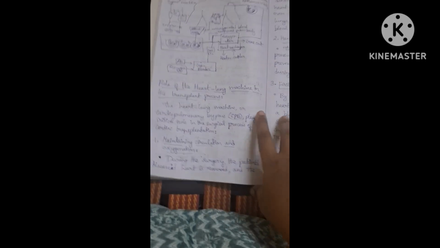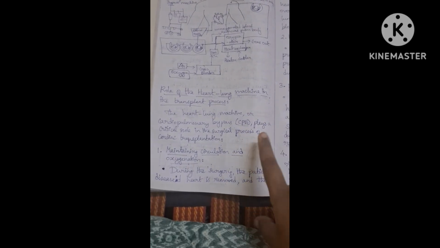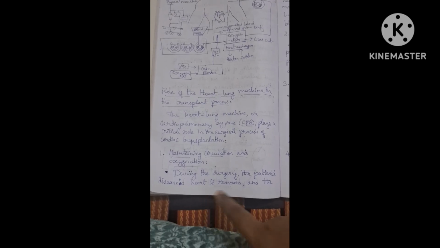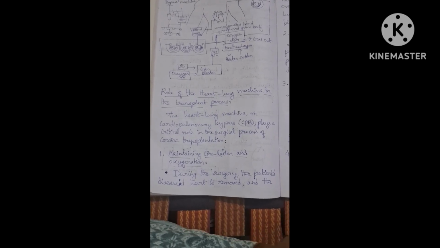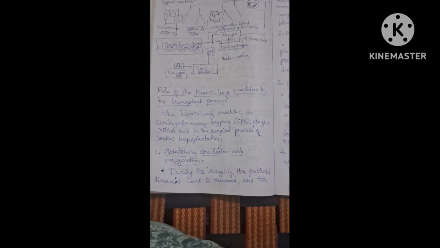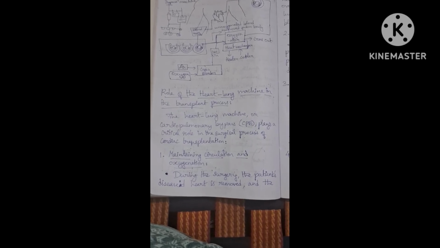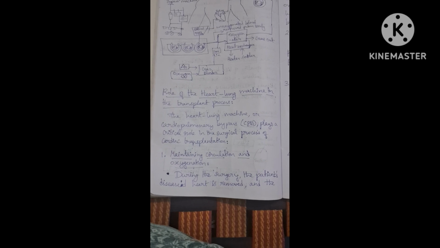Okay. Role of the heart-lung machine in the transplant process. The heart-lung machine or cardiopulmonary bypass plays a critical role in the surgical process of cardiac transplantation. First, maintaining circulation and oxygenation.